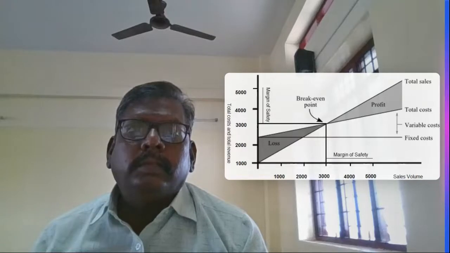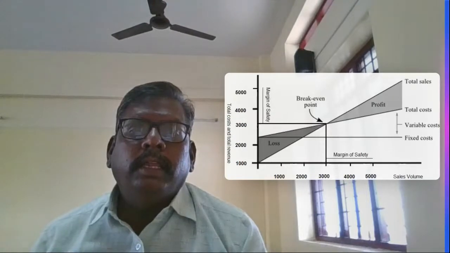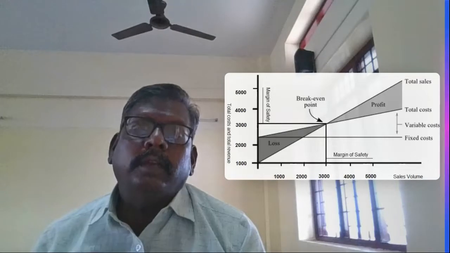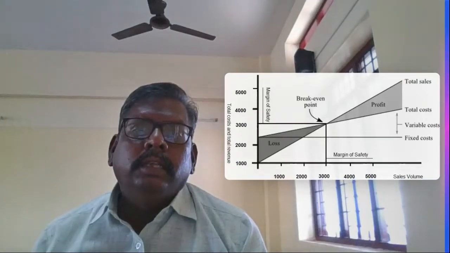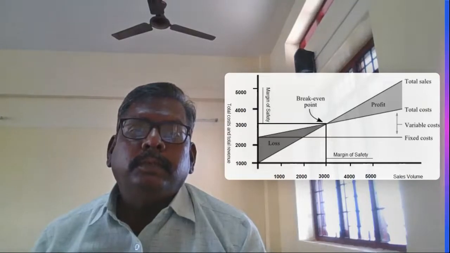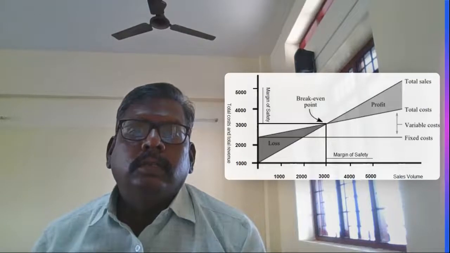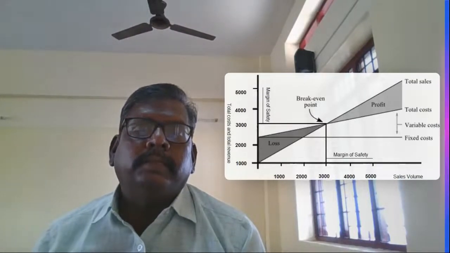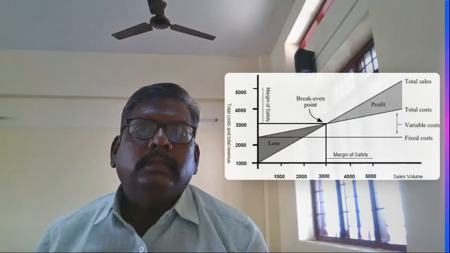If we produce 4000 units, the fixed cost is the same 2400. Similarly, if we produce 5000 units, the fixed cost is 2400. That means the cost never changes if we produce up to 5000 units. That's called the fixed cost. So the graph goes like this.